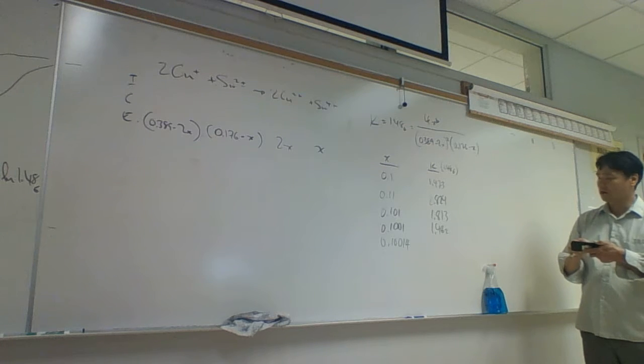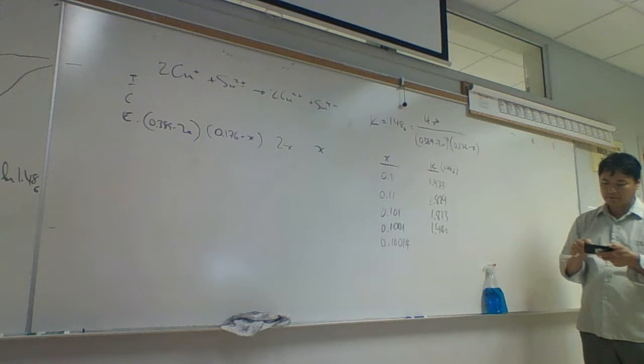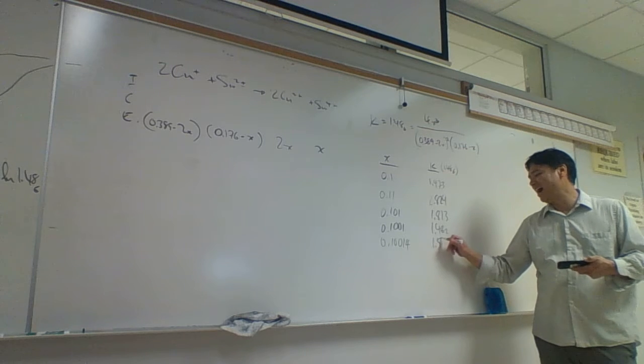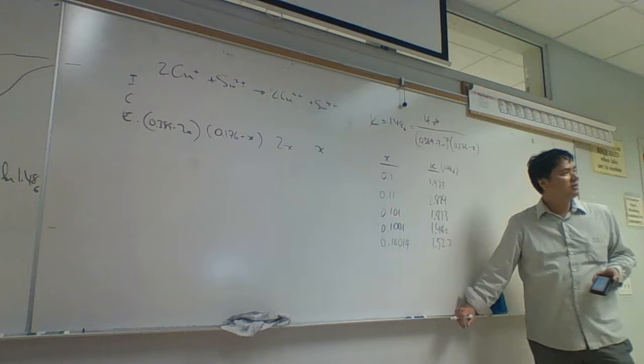Times parentheses 0.176 minus 0.10014, close parentheses, equals, invert, times 0.10014 cubed, times 4. Oh yeah, 1.527. Did you get that, Kelly?